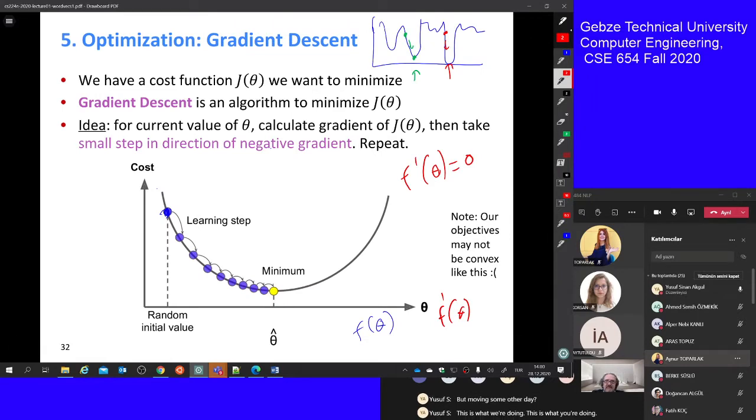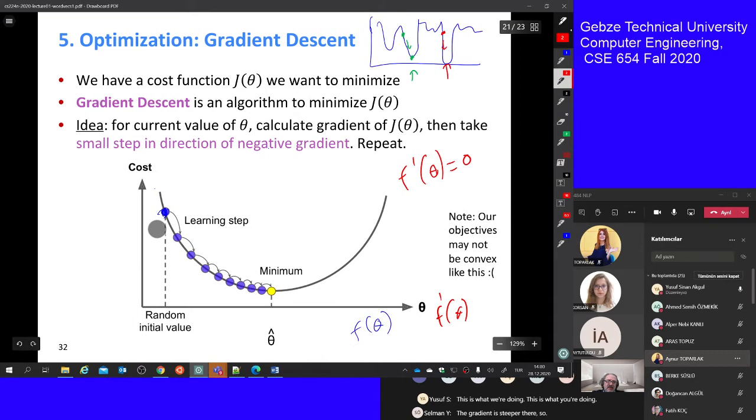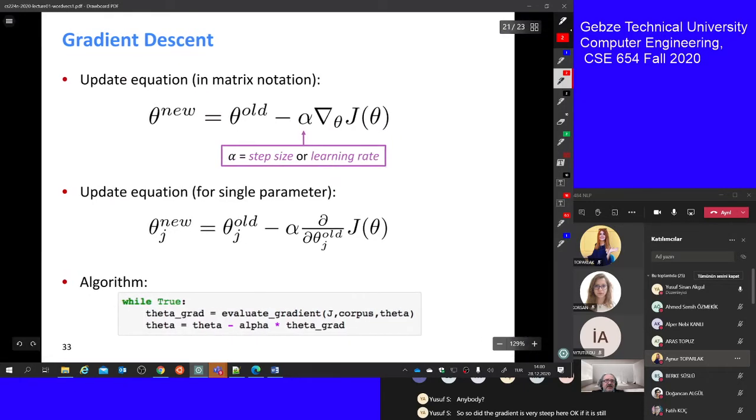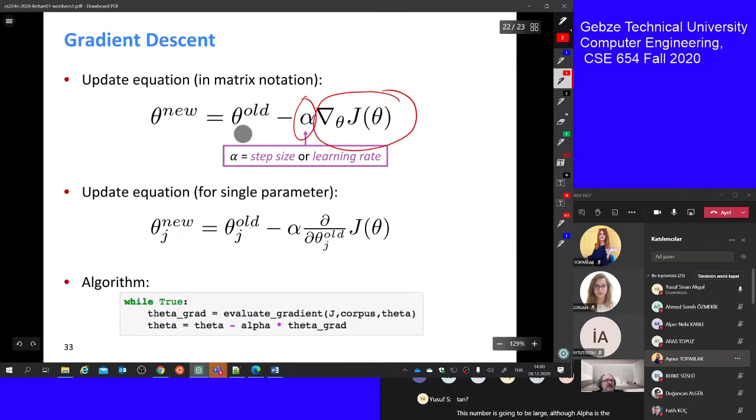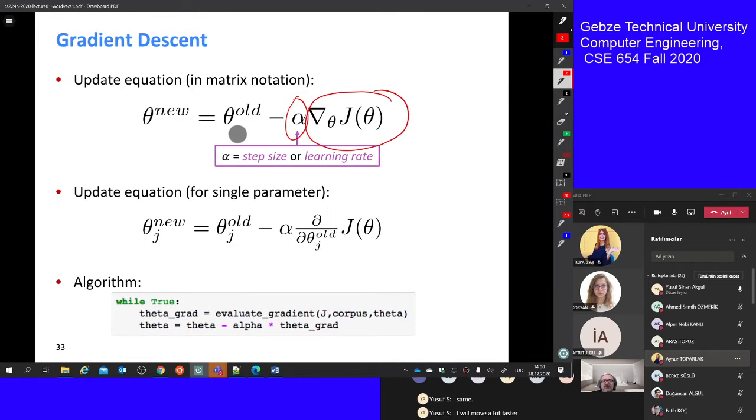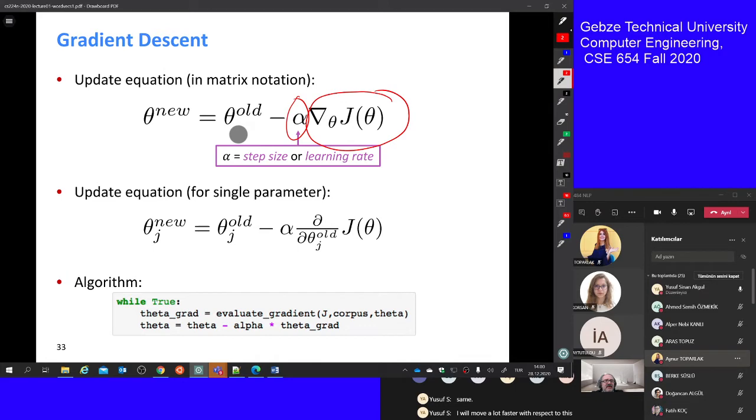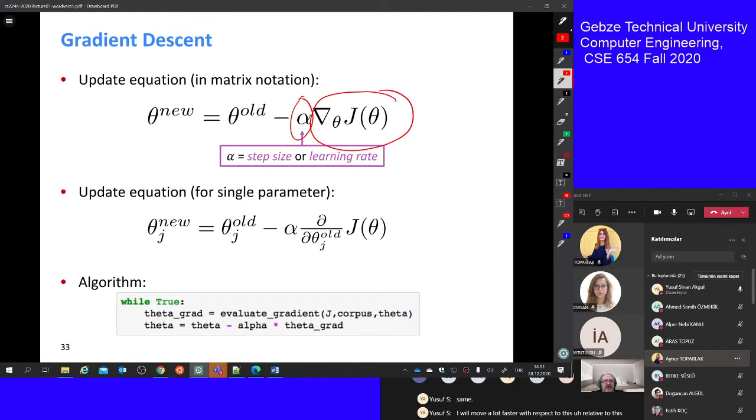The gradient is steeper there, so the gradient is very steep here. If it is steep, then this number is going to be large. Although alpha is the same, I will move a lot faster with respect to the old parameters.